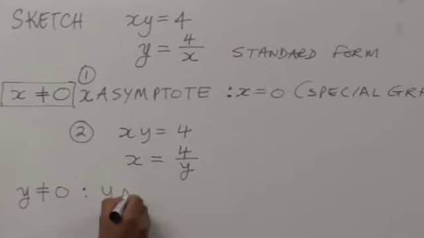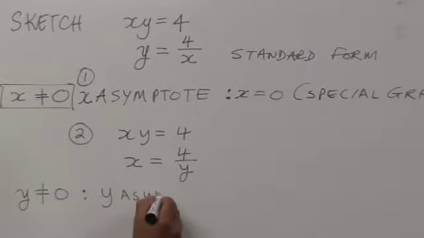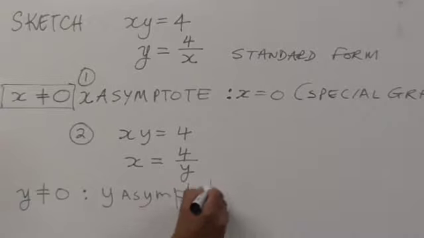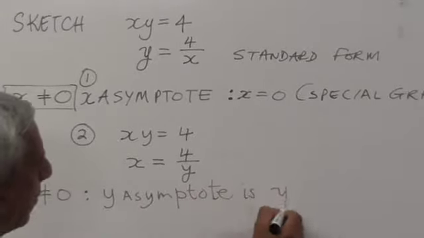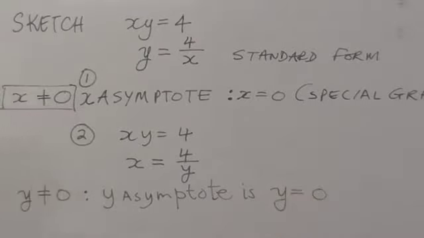So the y asymptote is y equal to 0. So you cannot use the value y equal to 0. So the y asymptote will be y is equal to 0. Alright, so we know we cannot use x equal to 0, and we know that y will never become 0 because it is an asymptote.